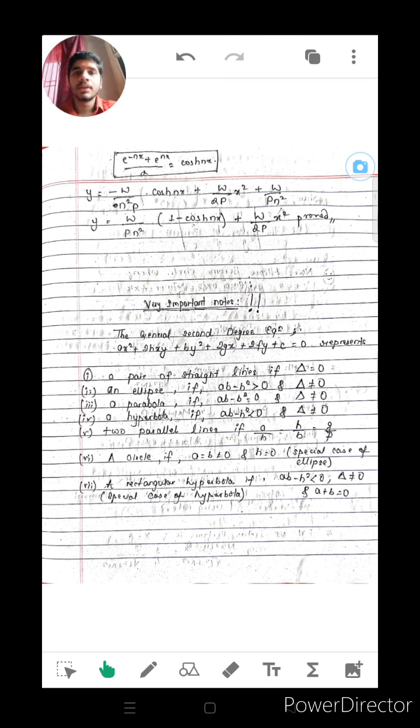Now this was the application of differential equation in civil engineering approach. Further we'll be discussing how to solve the problem of parabola and ellipse.